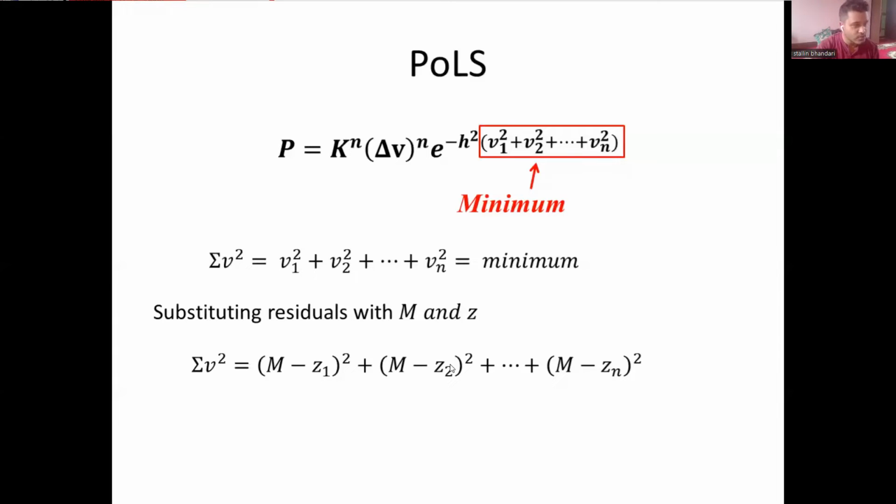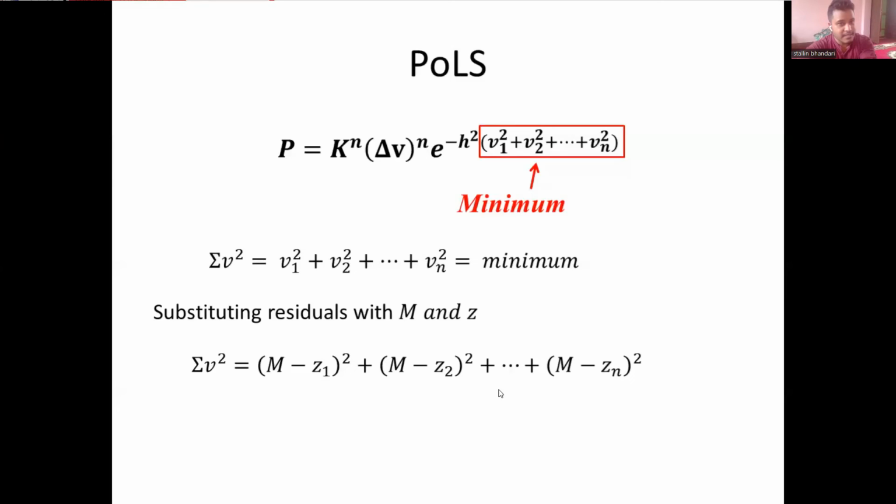Now if we want this equation to have a minimum or maximum at point m, then this equation should have its first derivative equated to 0. This can be minimum or maximum when the first derivative equals 0.